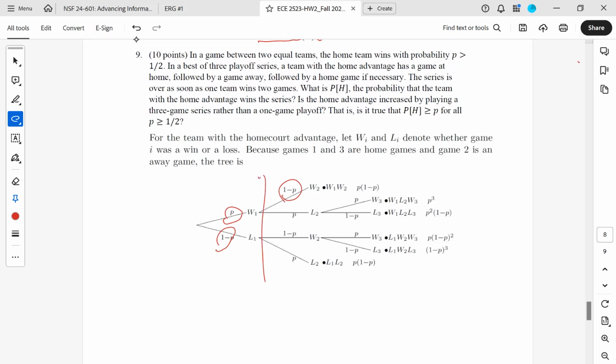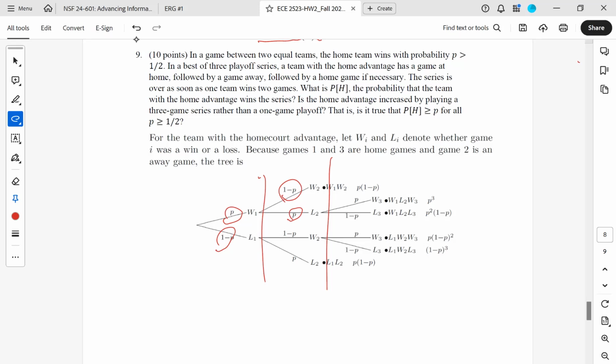In the second game, our desired team doesn't have home advantage. The other team has. So winning for the other team, which means losing for our team, has a probability of p, and the complement of it is 1 minus p, which is winning for our team. So we have two options for each of the possible outcomes of the first game.